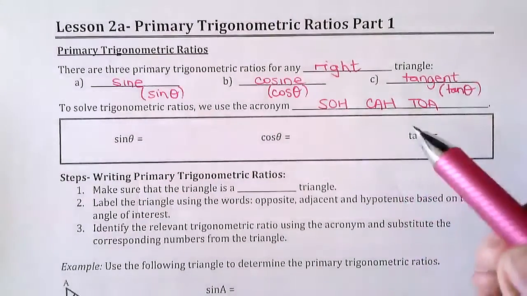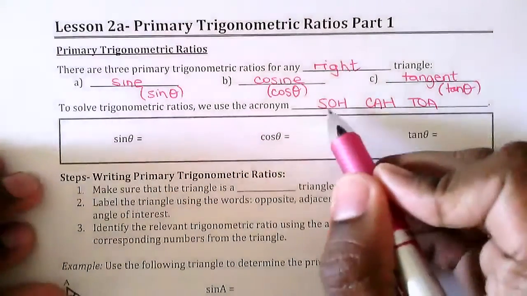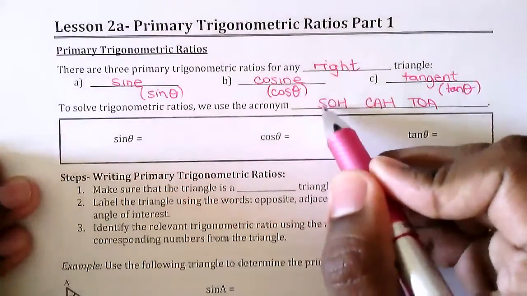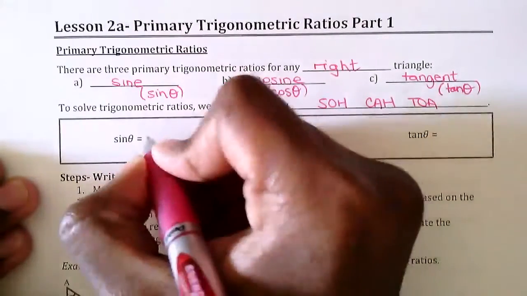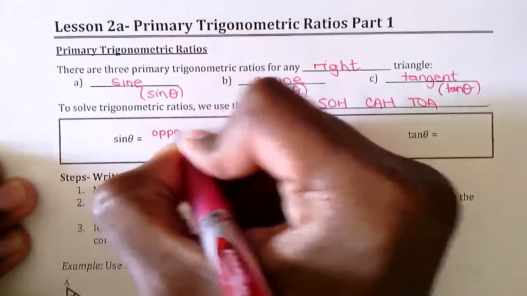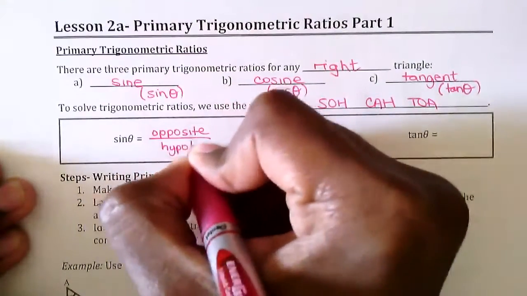So the O's and the H's and the A's, those are just the special words we learned last class. Opposite is O, H for hypotenuse, and A for adjacent. So if we follow SO, S stands for sine theta, is equal to opposite divided by hypotenuse.